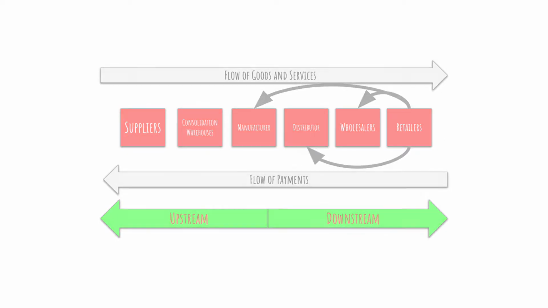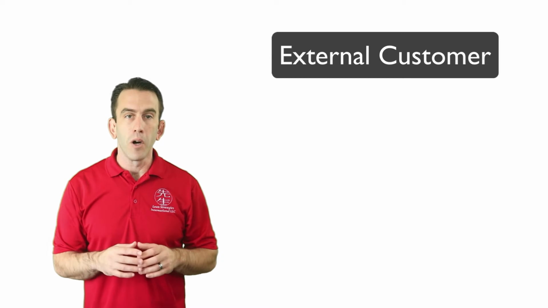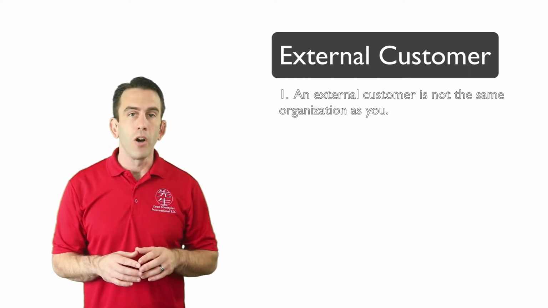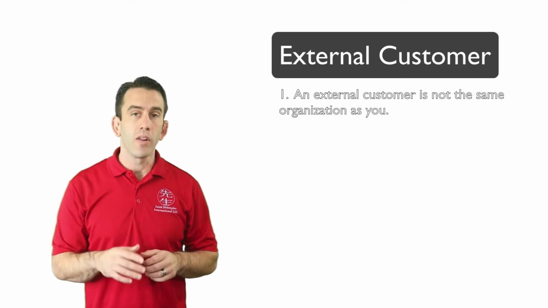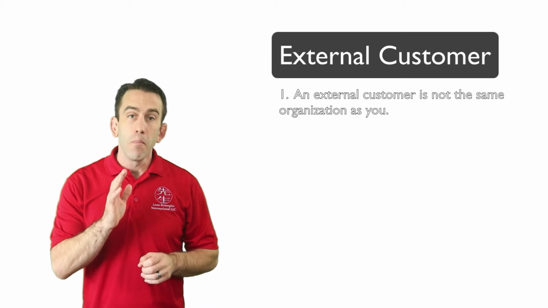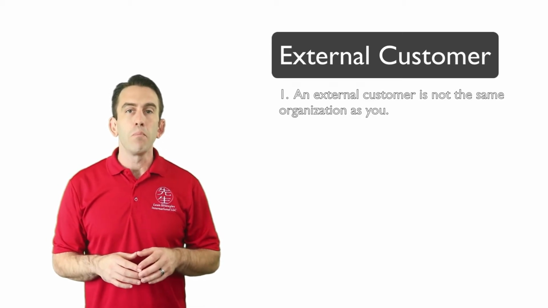There are two defining characteristics of the external customer. The first thing to understand is that an external customer is not the same organization as you. They are a separate entity, but they may reside in the same echelon or even in the same building.